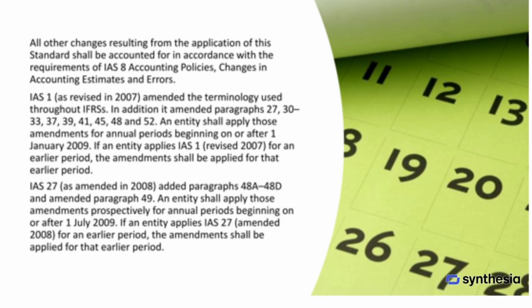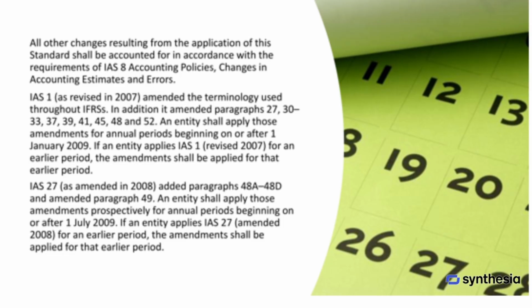All other changes resulting from the application of this standard shall be accounted for in accordance with the requirements of IAS 8, which covers accounting policies, changes in accounting estimates, and errors. IAS 1, revised in 2007, updated the terminology used throughout IFRSs. It also amended several paragraphs: 27, 30 to 33, 37, 39, 41, 45, 48, and 52. An entity shall apply those amendments for annual periods beginning on or after January 1, 2009.